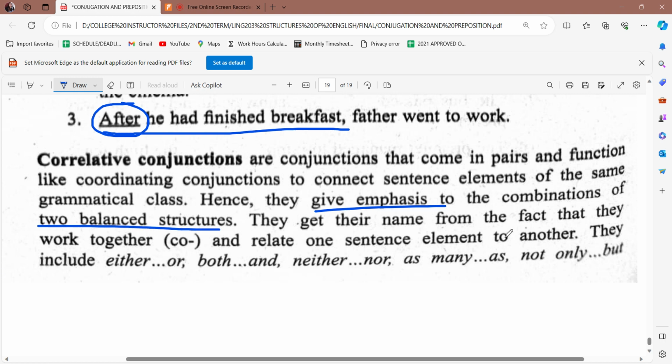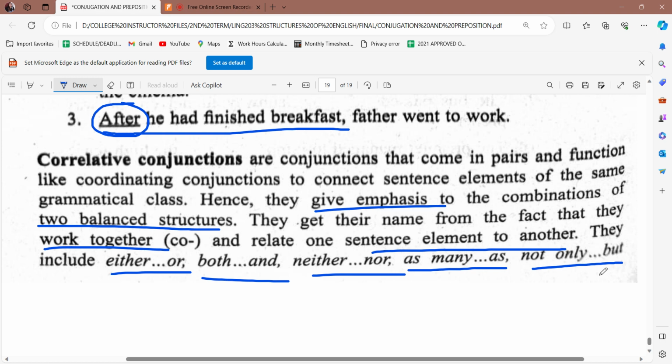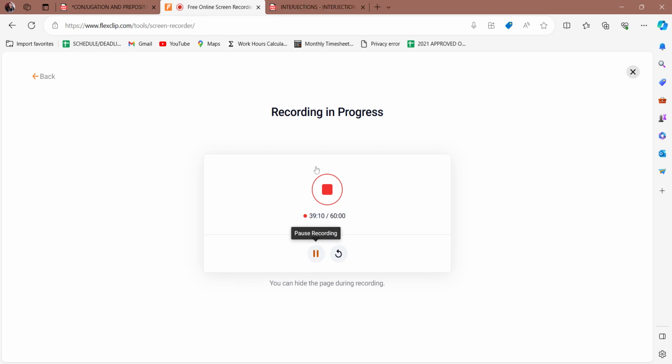They get their name from the fact that they work together, and relate one sentence element to another. They include either or, both and, neither nor, as many as, not only but also. So these should be paired together in the sentence.